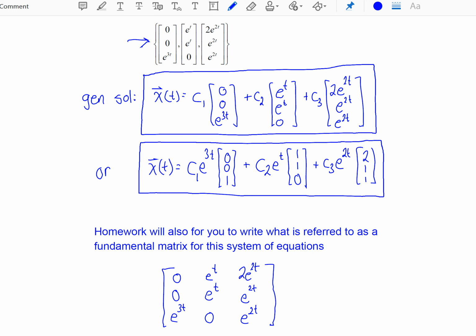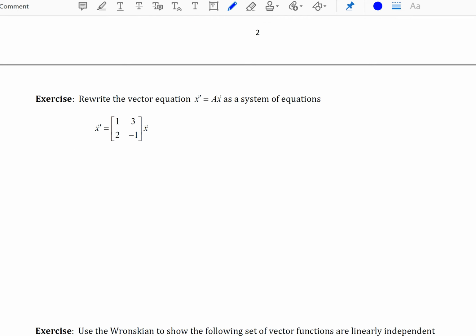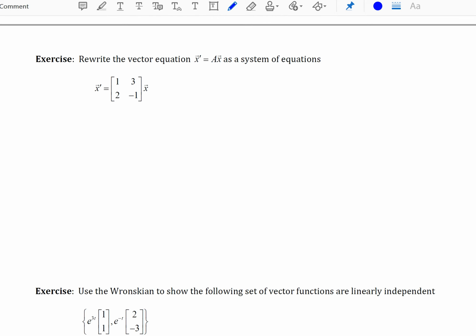Let's look at another example. Here we're asked to rewrite each vector equation, well there's only one, as a system of equations. So here we note the vector x is actually going to be the vector of two functions, x and y.